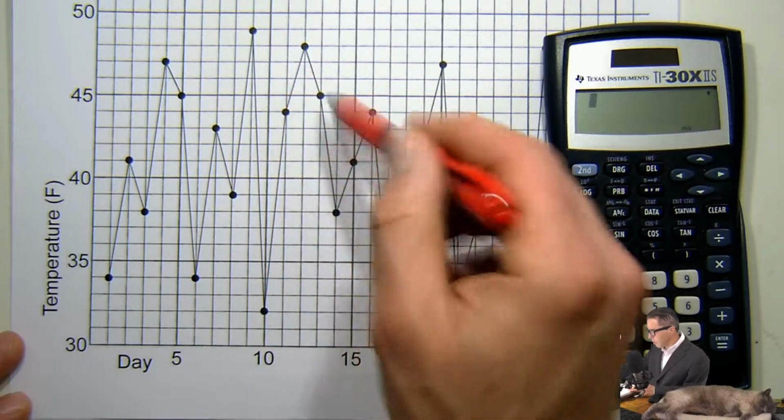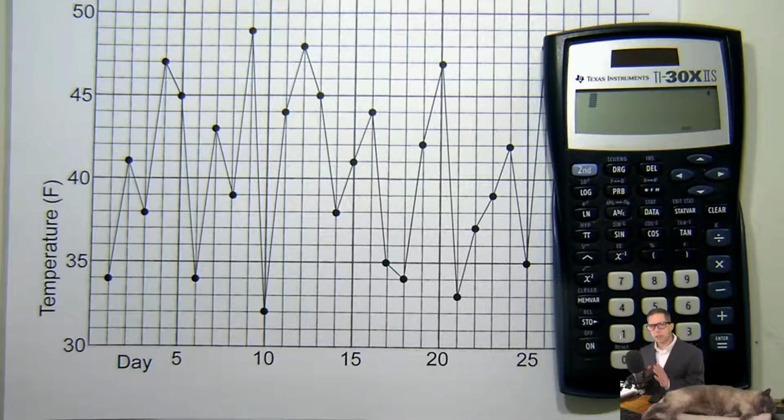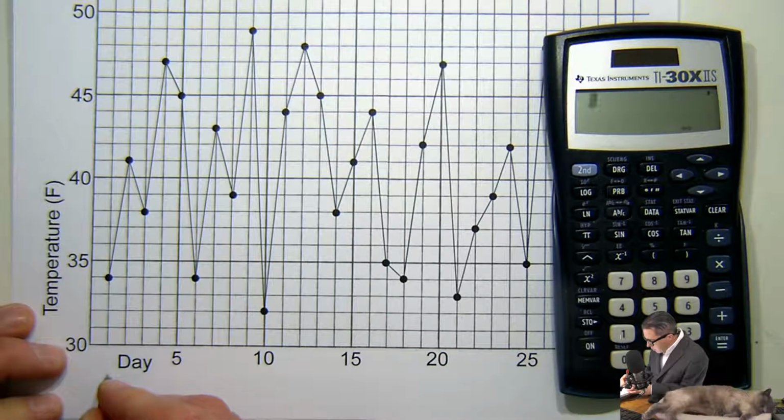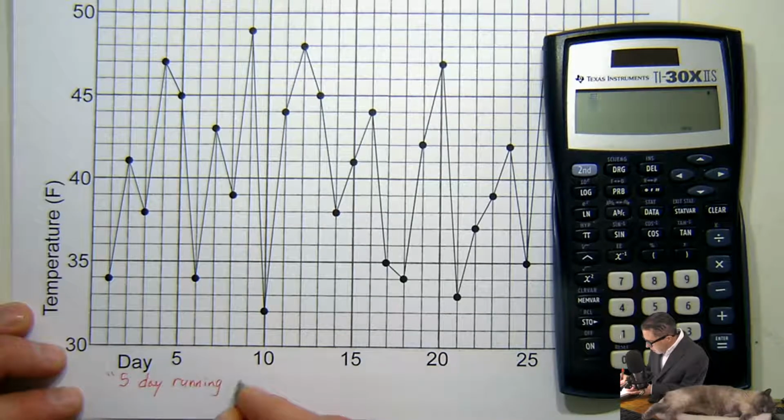So temperatures are going up and down. And what I'd like to know is, is there an overall increasing trend or decreasing trend or no trend in this? That's what we're trying to figure out. So what I'm going to do is apply something called, in this case, a 5-day running average.